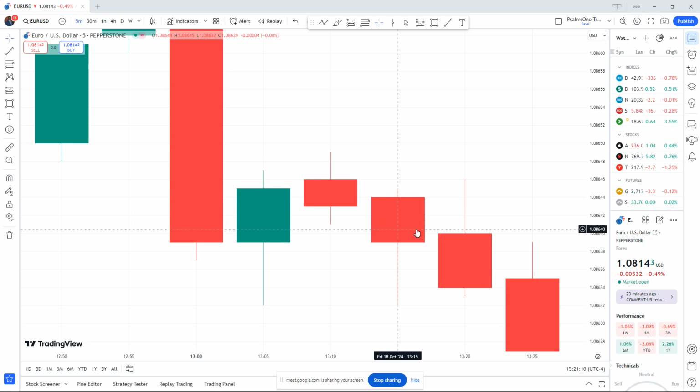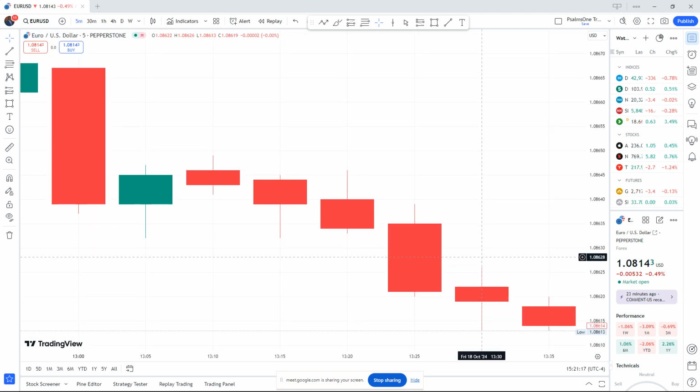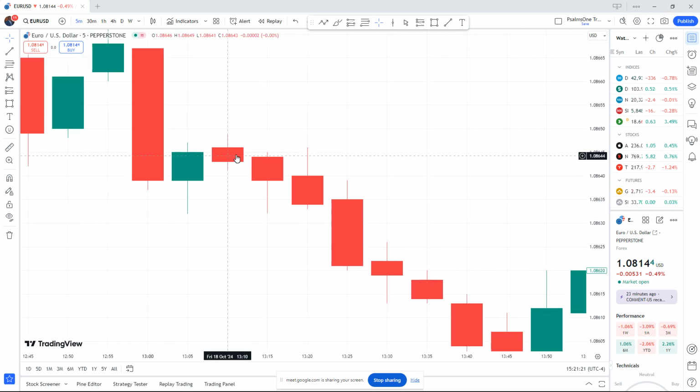Take for example the previous illustrations for range. This is your first touch and second touch, and then you have extended your line, so you're now waiting for the third touch.